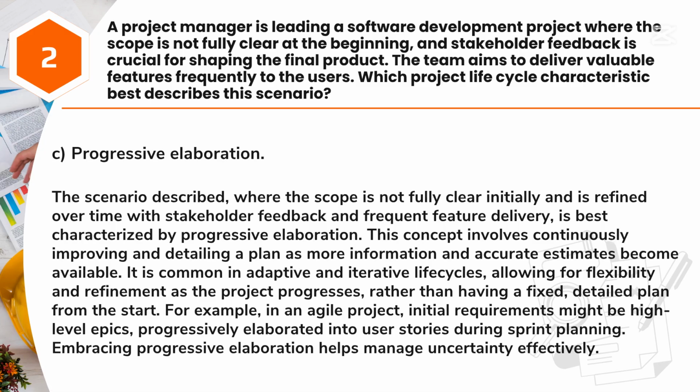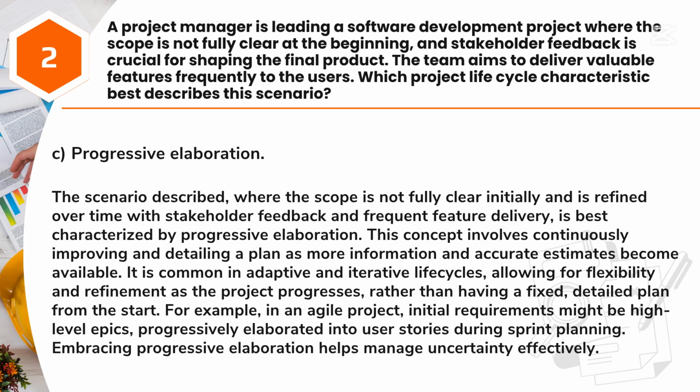Answer: C. Progressive elaboration. The scenario described, where the scope is not fully clear initially and is refined over time with stakeholder feedback and frequent feature delivery, is best characterized by progressive elaboration. This concept involves continuously improving and detailing a plan as more information and accurate estimates become available.